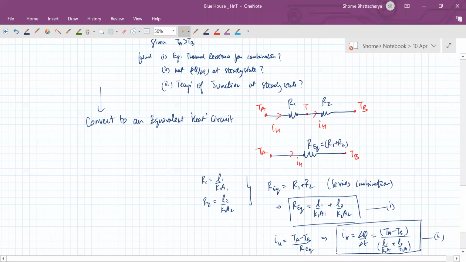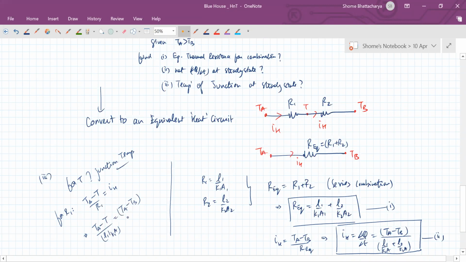For the temperature of the junction, the third part, we can see that for R1 we have the equation (Ta minus T) upon R1 is equal to the thermal current. So (Ta minus T) upon L1 by K1A1 is equal to (Ta minus Tb) divided by L1 upon K1A1 plus L2 upon K2A2.